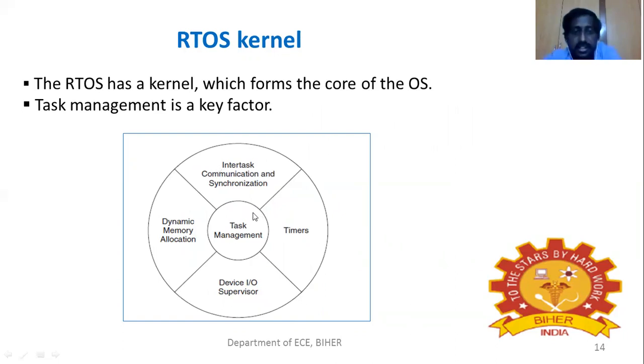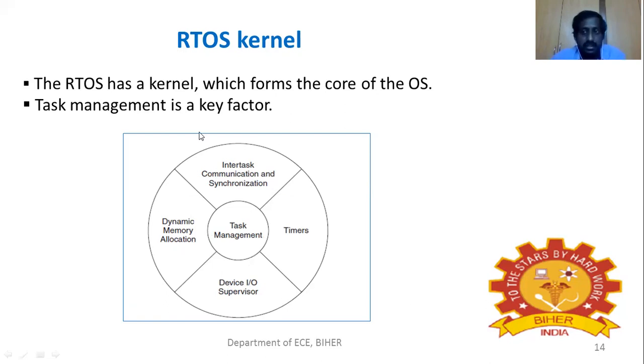You can see the task management here. What things are there? Inter-task communication and synchronization. A real-time system handles more than one task, and tasks are related to each other also. So the system should complete the task within a deadline.